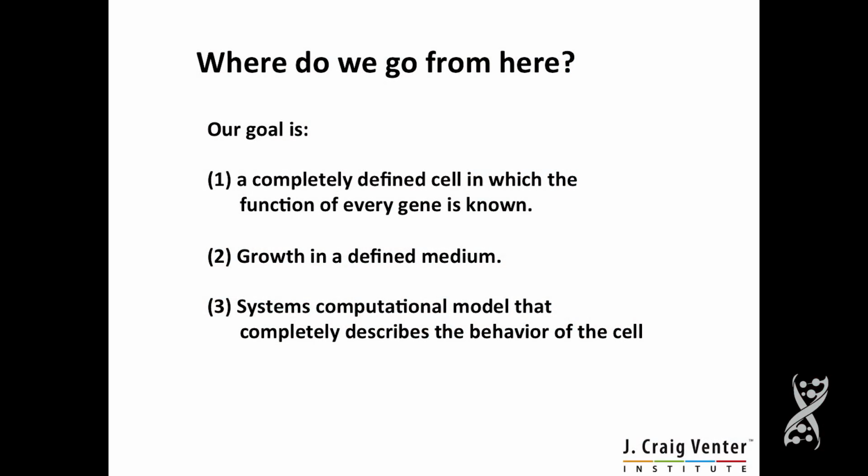Where do we go from here? Our goal actually is now to have a completely defined cell where we know the function of every single gene. There are 84 generic genes of imprecise assignment, and there are 65 that are totally unknown. 149 genes.